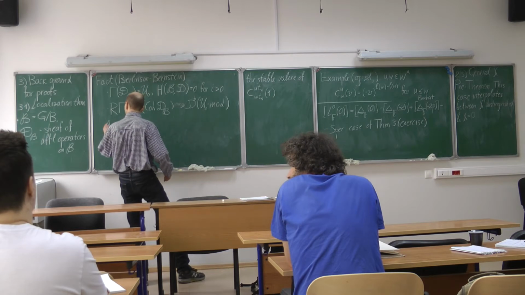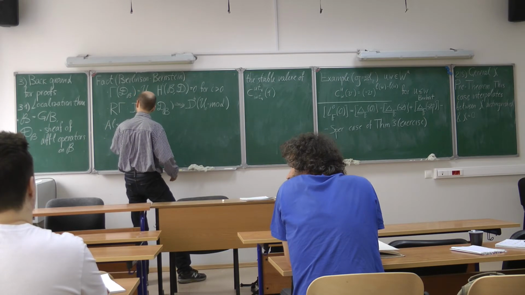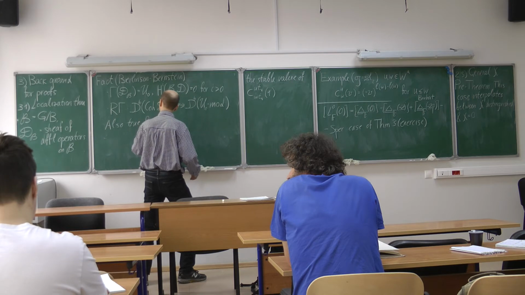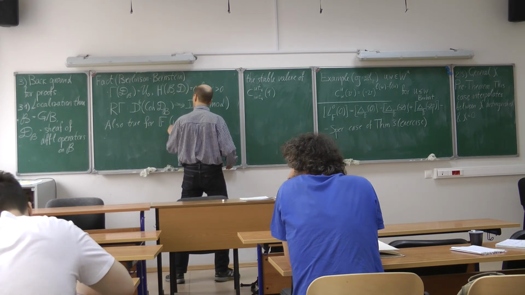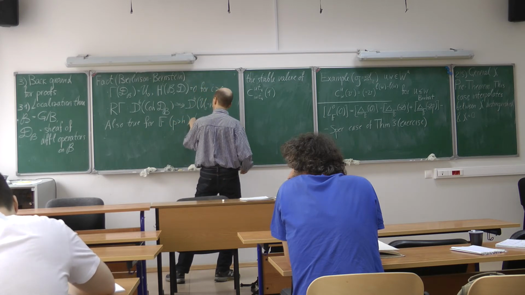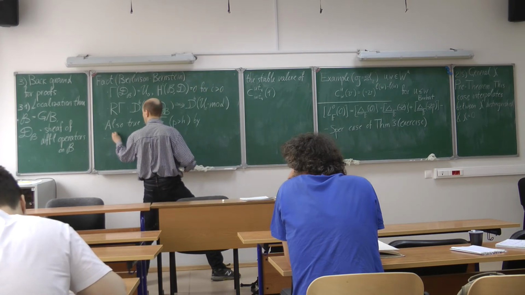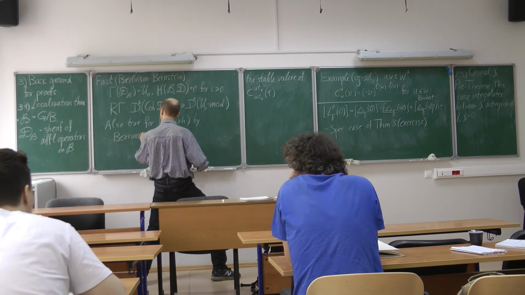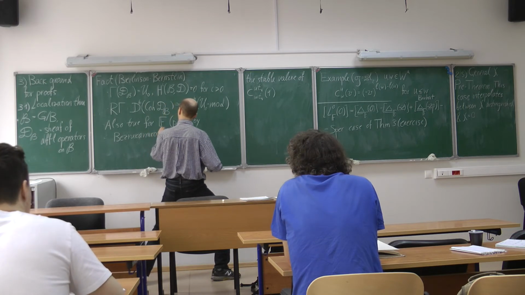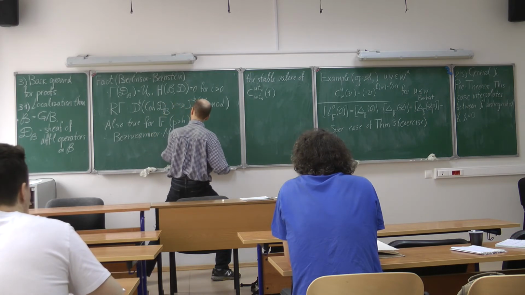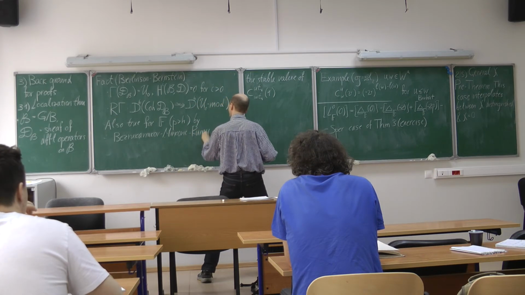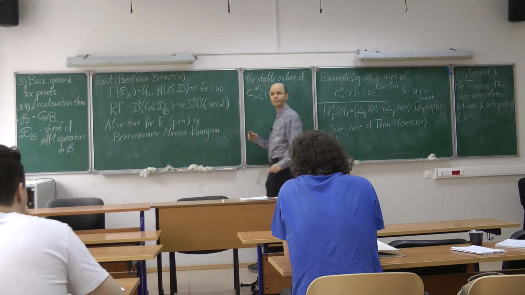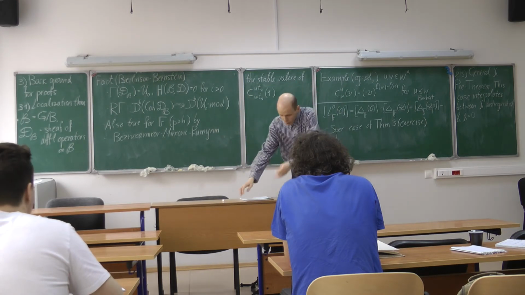So this is also true for the field F with p bigger than the Coxeter number, by the work of Bezrukavnikov, Mirkovic and Rumynin. So, and that's of course what we are going to use.